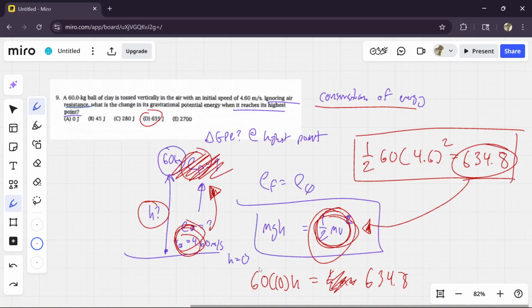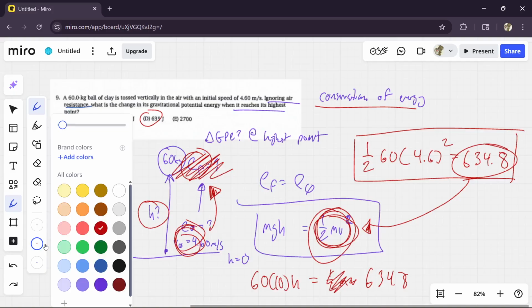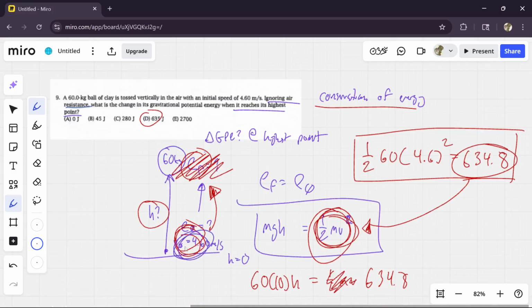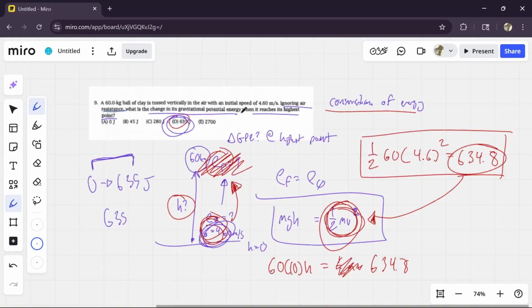It wants to know the change in gravitational potential energy. Since there is none of that down here, because h is equal to 0, going from 0 to 635 joules, the change is just going to be 635. The fact that it says change in gravitational doesn't really mean anything. It's just going to end up being our final in this scenario. So the answer is going to be D.